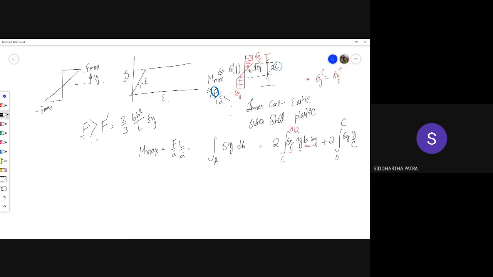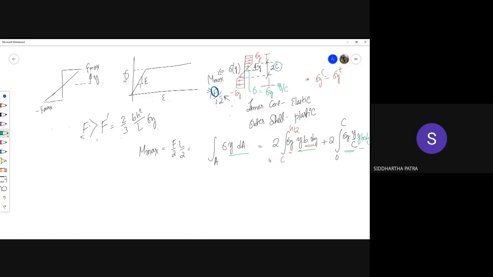So in this region, the stress is sigma y times y by c, then y, b, and dy. YB dy is coming from here. But the expression for the stress is different in two regions. For the hollow shell, this is simply sigma y everywhere. For the inner elastic core, it is going to be proportional to y coordinate.